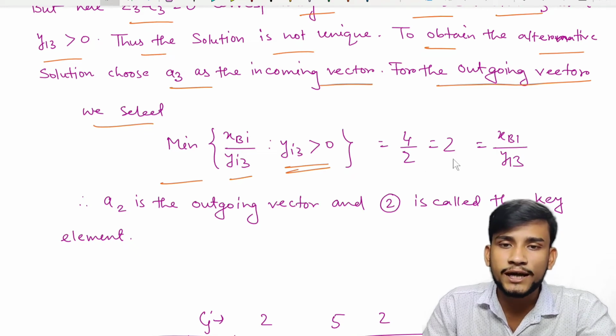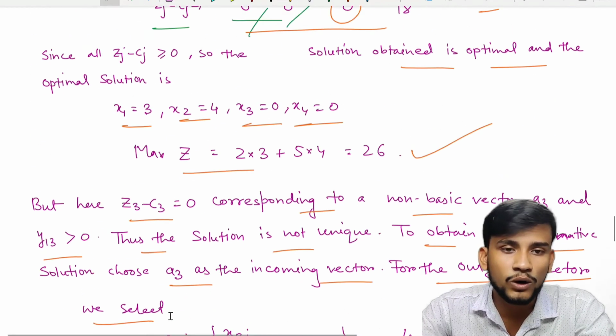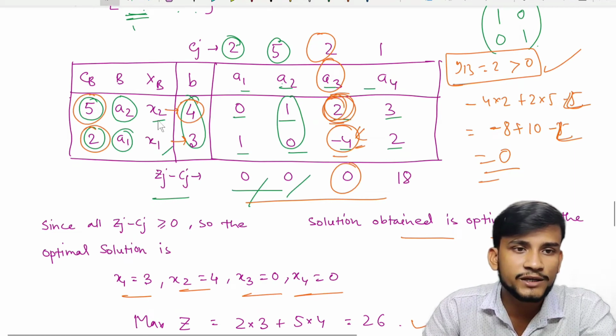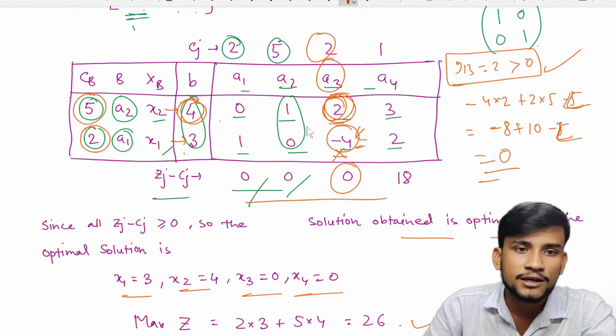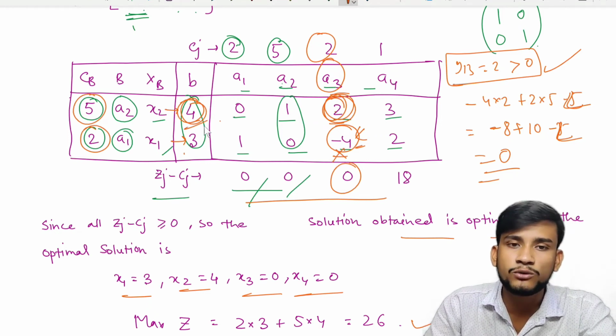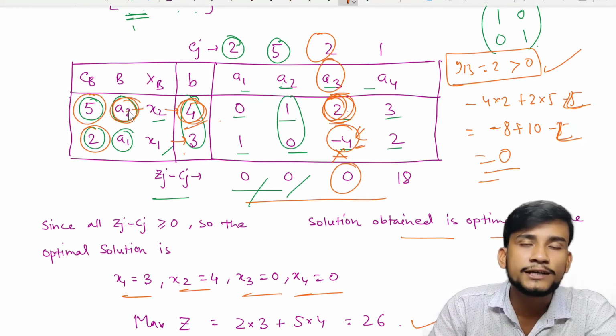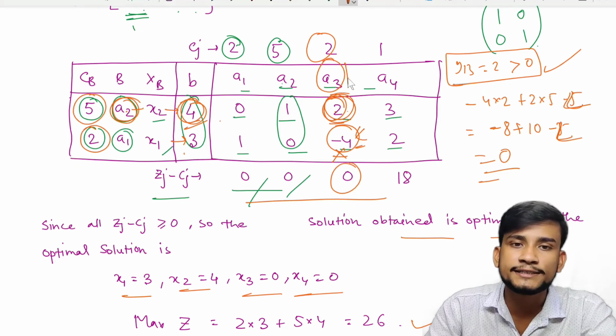So here we get 4 by 2, where yi3 means this one and x bi means this one. So 4 by 2 and 3 by minus 2, therefore we avoid this and just write 4 by 2. That is the only one, therefore a2 is the outgoing vector and a3 is the incoming vector.